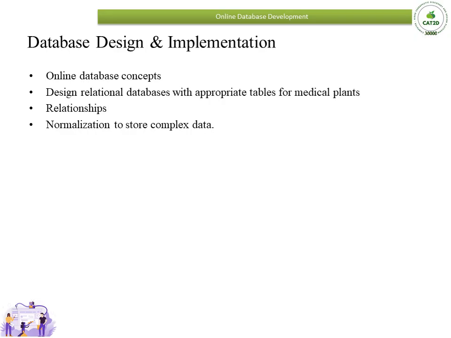Then aside from that, after scraping data online, it is important that we understand how to save and make use of that data effectively. And this can be done and made available for public consumption via the design of a database. And that is why the online database concept is very important.